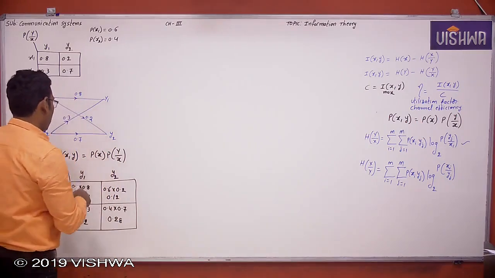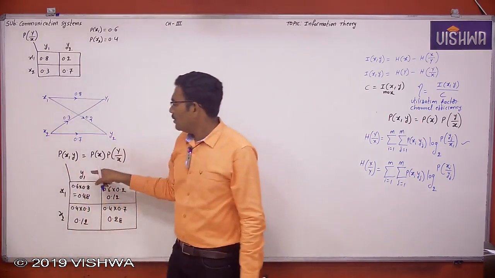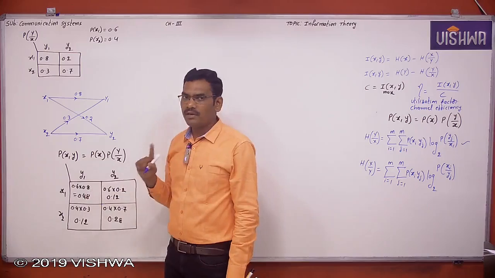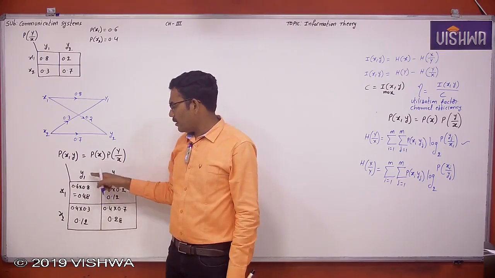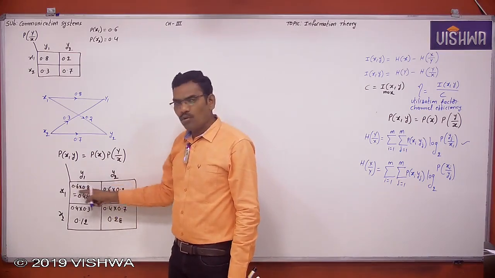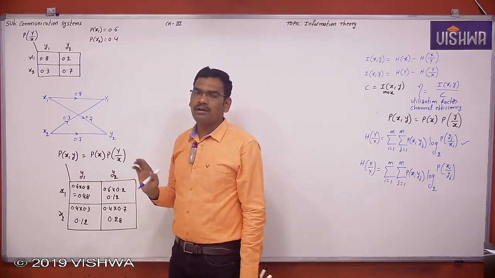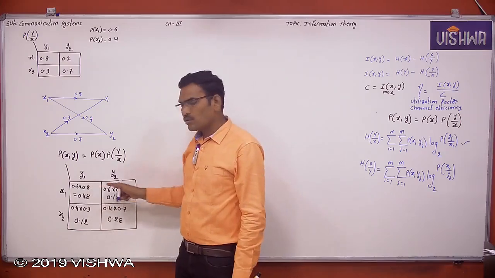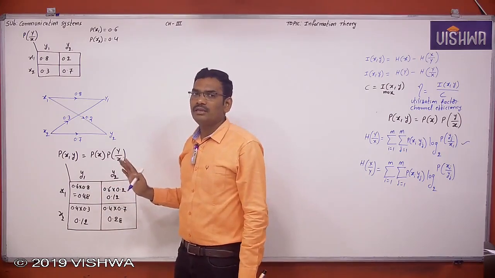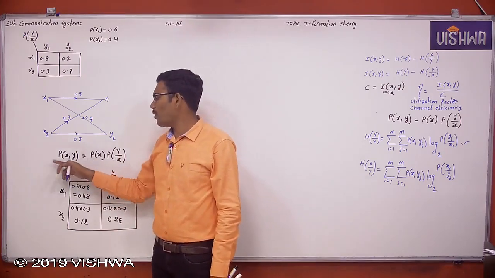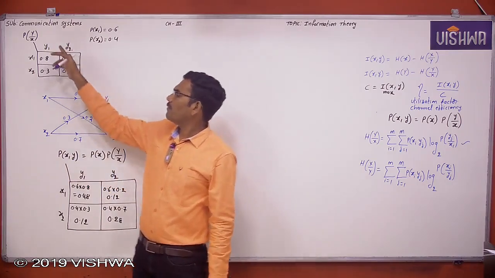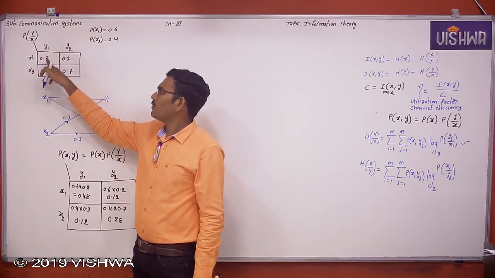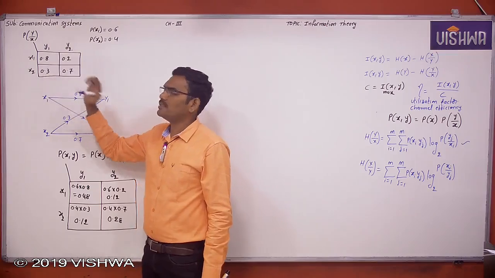See, the column addition. Remember, one shortcut method I am already saying: column-wise addition and row-wise addition you should not do in all the cases. Columns are added, rows are added, and that addition is possible only in the joint probability. So if I want P of Y1, some of you are saying 0.8 plus 0.3, which is wrong.